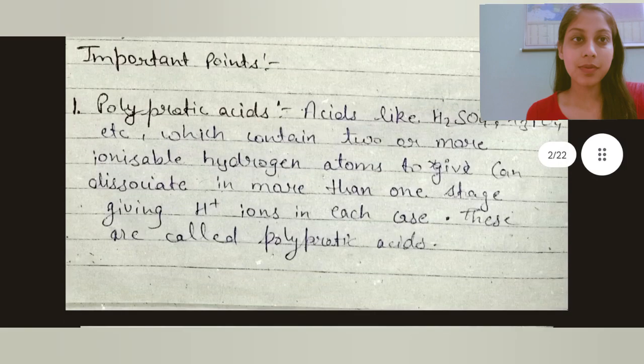Important point, polyprotic acid. Acids like H2SO4, H3PO4, etc., which contain two or more ionizable hydrogen atoms, can dissociate in more than one stage, giving H+ ion in each case. These are called polyprotic acids.